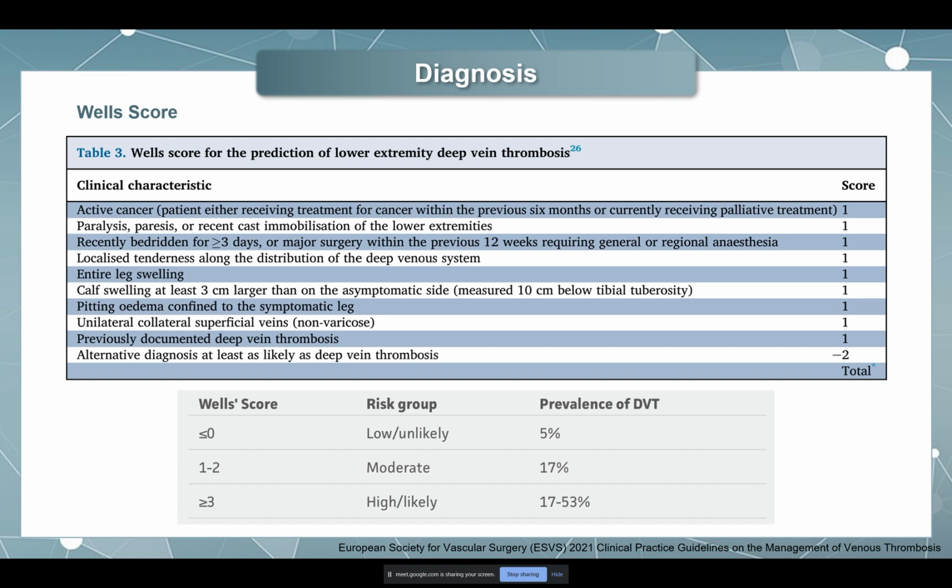First is active cancer, paralysis, or recent cast immobilization of the lower extremity, recent bedridden for more than 3 days, and major surgery within the previous 12 weeks requiring general or regional anesthesia, localized tenderness along the distribution of the deep vein system, entire leg swelling, calf swelling at least 3 cm larger than on the asymptomatic side, pitting edema confined to the symptomatic leg, unilateral collateral superficial veins, previously documented DVT, and alternative diagnosis at least as likely as DVT.